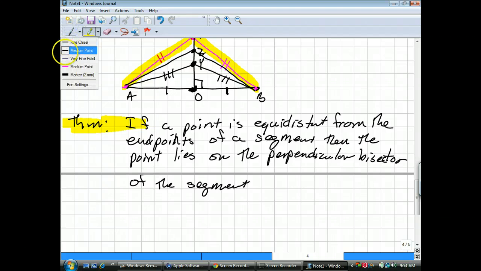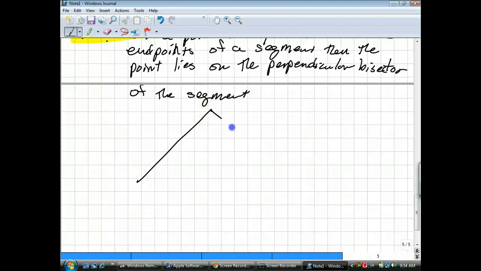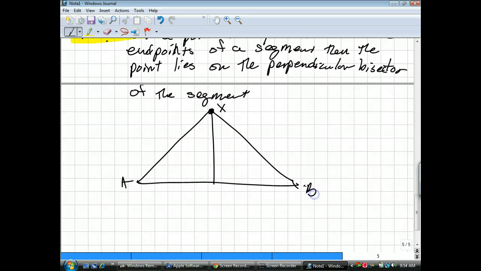Okay, so the converse says if you have a point X and you know AX is congruent to BX, then you know O is on the perpendicular bisector.